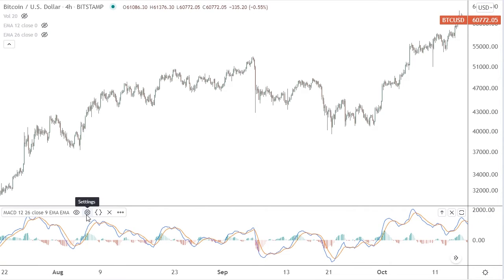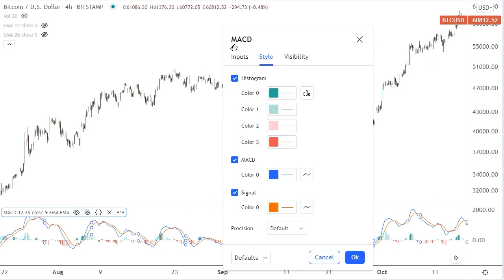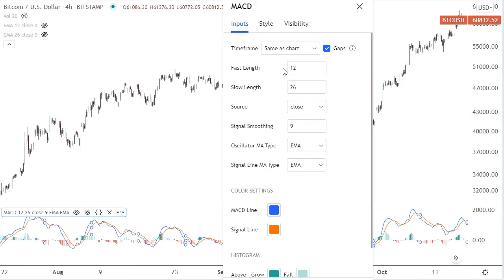So let me open this up real quick. The inputs for the MACD, you've got a fast length, so 12, 26, and 9 are your standard input values. You'll notice here on TradingView, this is the charting package that I'm using, they offer the opportunity to use SMA, but the standard, the way that MACD was created, was using the exponential moving average, the EMA.